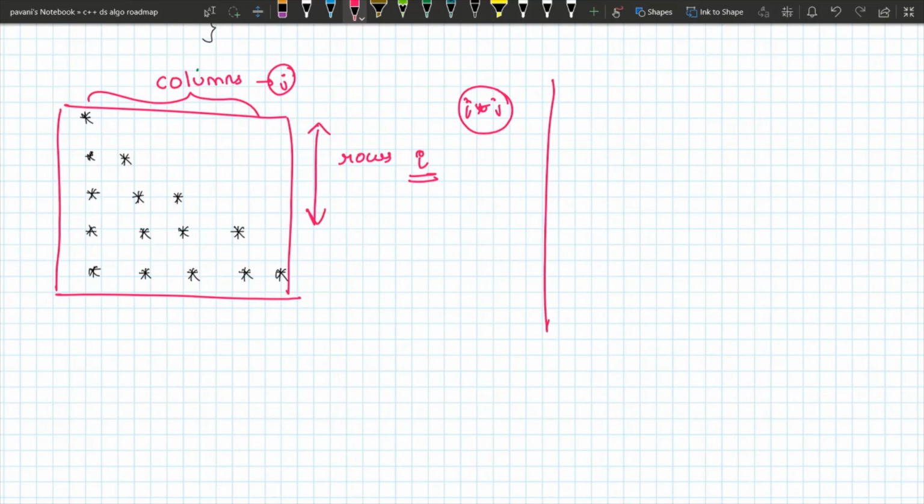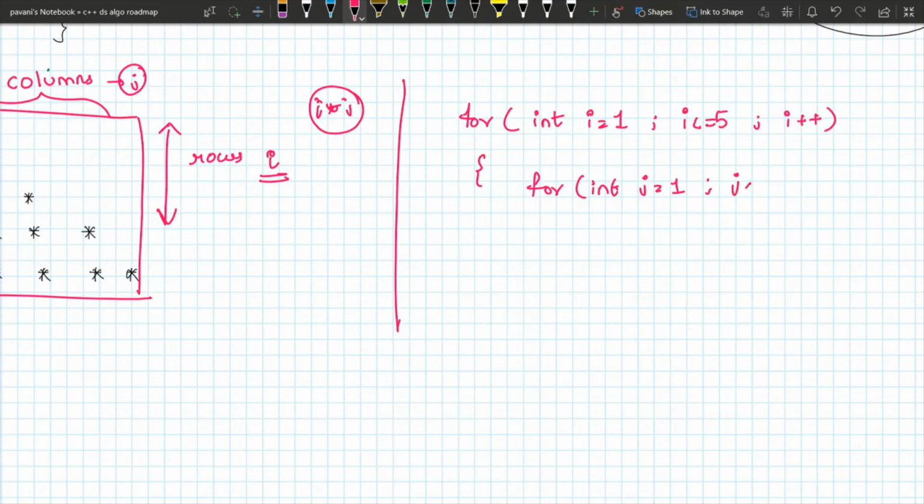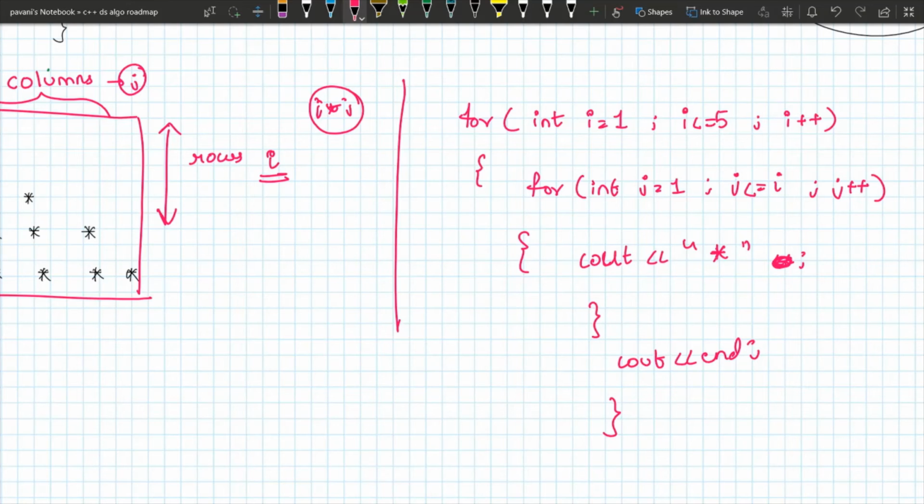Okay, the code I've written is: for int I equal to 1, I less than or equal to 5, I plus plus, for int j equal to 1, j less than or equal to I, j plus plus, cout star, that's it. And now cout endl. This is the code.